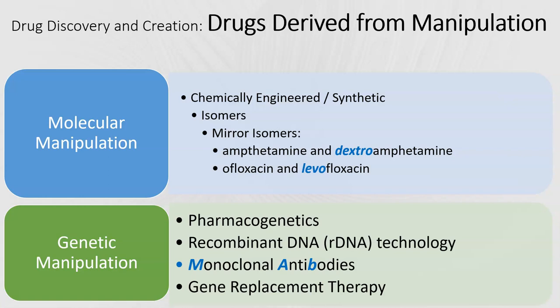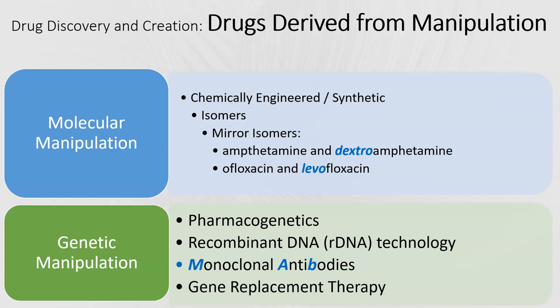So they're basically the same fundamental compound, but we've just changed the way that it works by altering the way that that chemical molecular structure is aligned. Now, another one, ofloxacin, this is an antibiotic, and levofloxacin, and levo means left. Now, we do have some trans isomers.